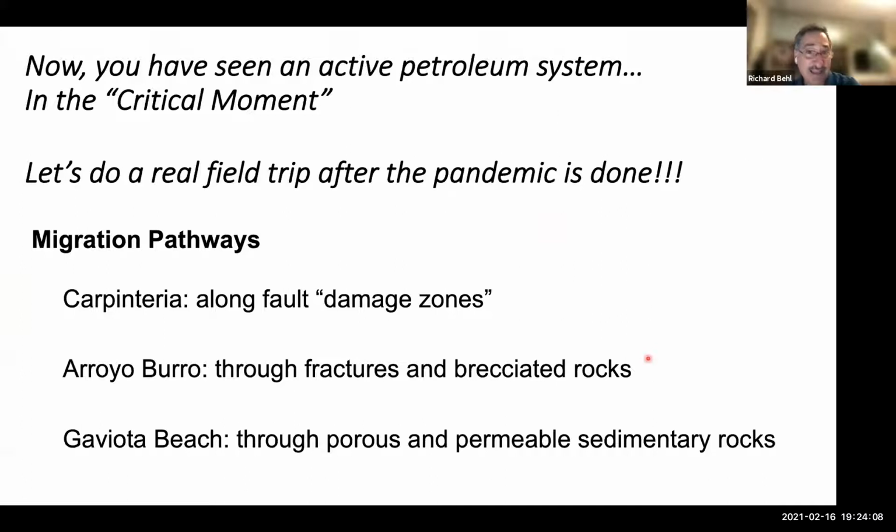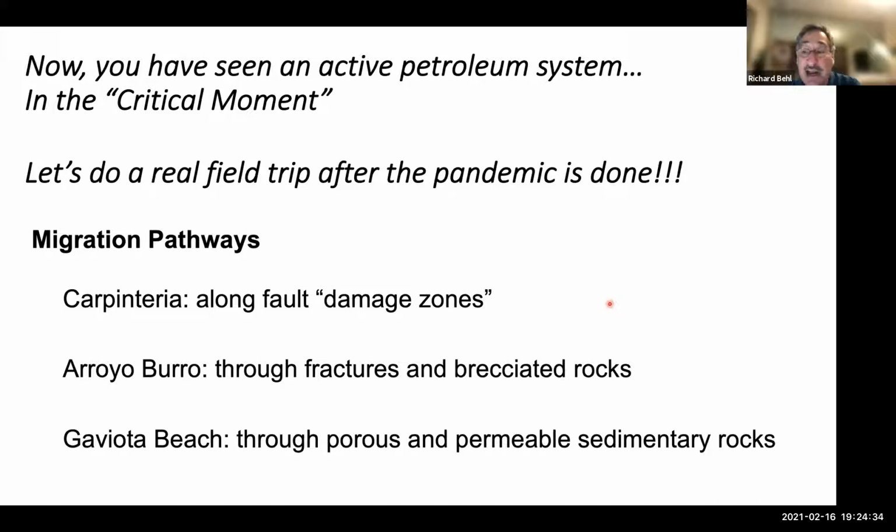So I think that's enough for an evening field trip. You've seen now an active petroleum system at that critical moment, when the hydrocarbons are being generated from the buried organic matter, when they are migrating right now up through faults, through fractures, up along clastic submarine channels.